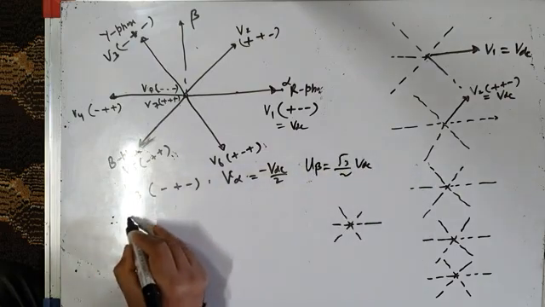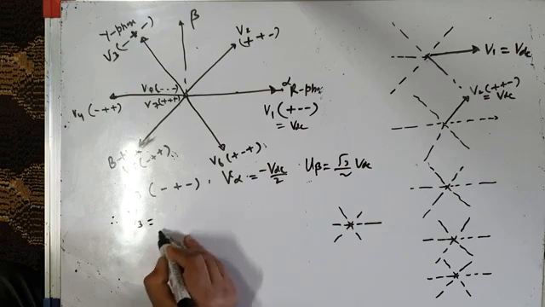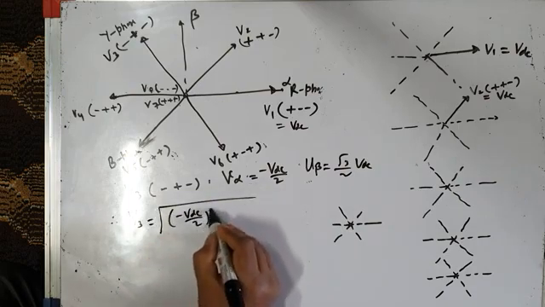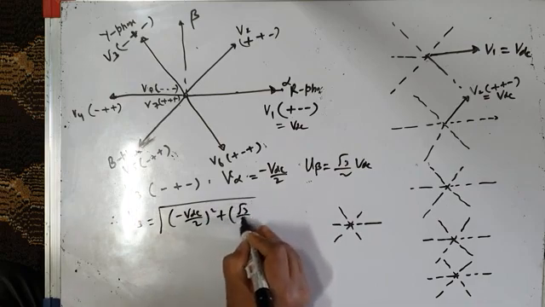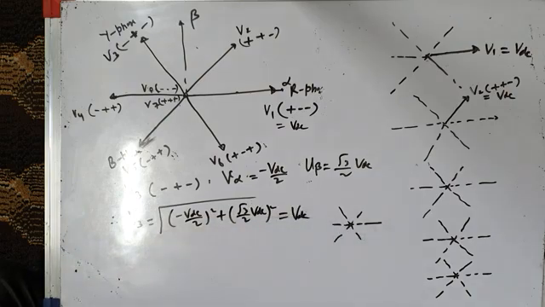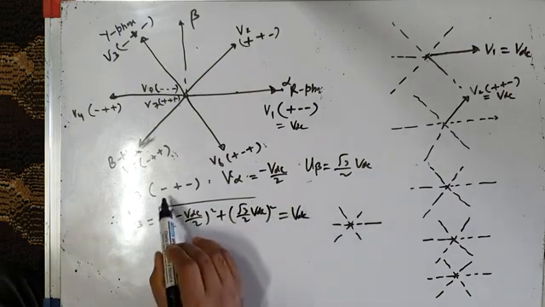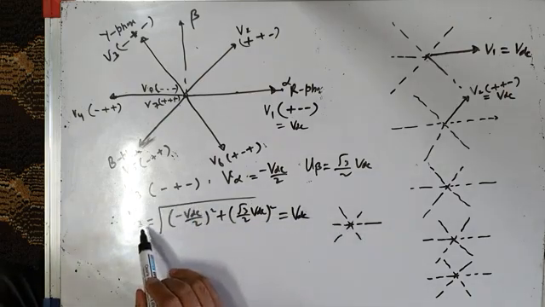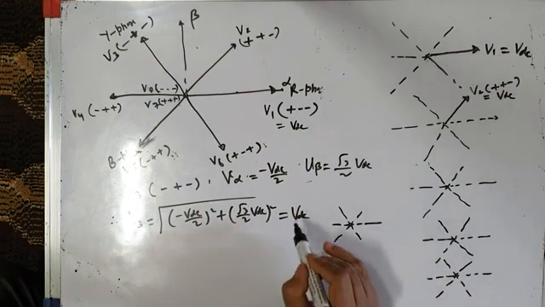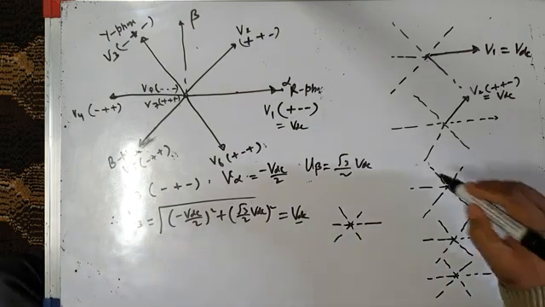So what is the resultant voltage vector V3? It is equal to the square root of V alpha squared, which is minus VDC by 2 squared, plus V beta squared, root 3 by 2 VDC squared. So this also comes out to be equal to VDC. So this switching state also gives another voltage vector in the alpha beta reference frame whose magnitude is VDC and which is along this.